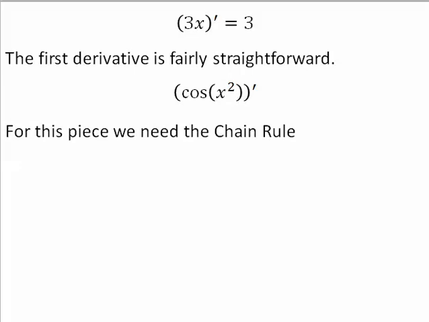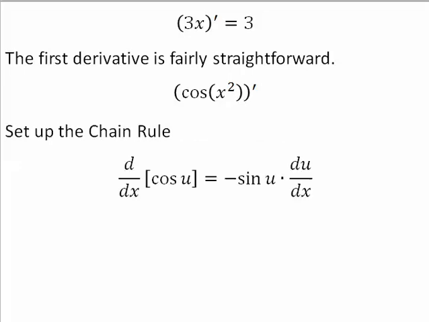The derivative of cosine x squared requires the chain rule. The chain rule for cosine is that the derivative of cosine u is negative sine u du dx.